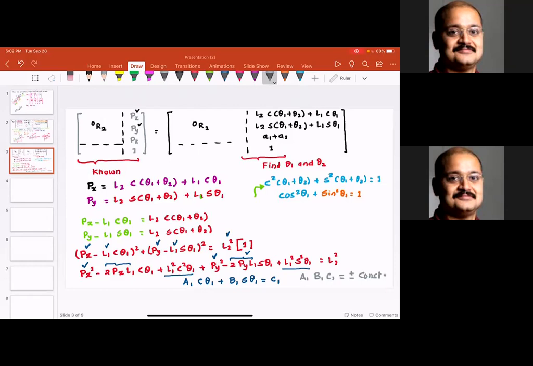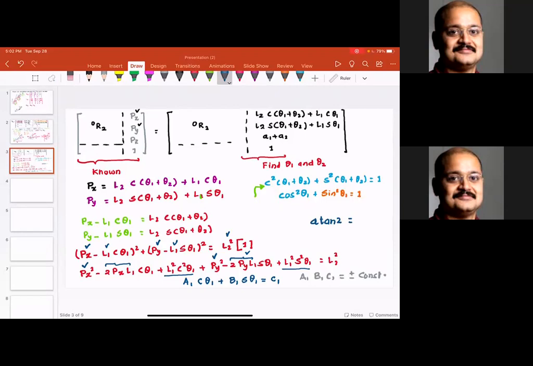In certain cases, c1 could be 0. If c1 is 0, then the problem becomes very simple. You can take one quantity to the other side and use an arctan function, so you can use atan2 to find the value of theta 1. Everyone understood? So for the sake of discussion, imagine c1 is 0.